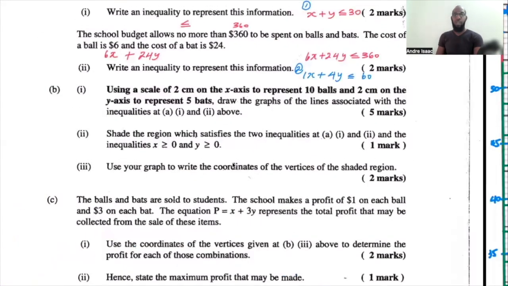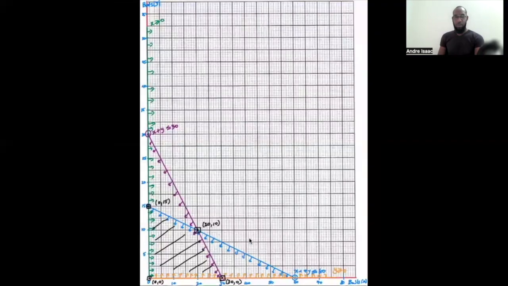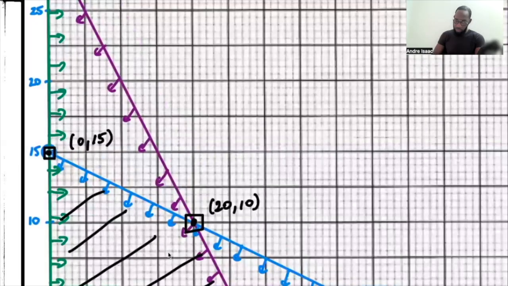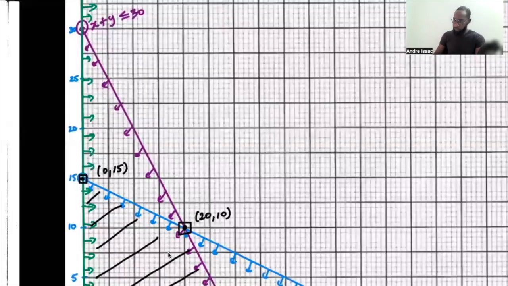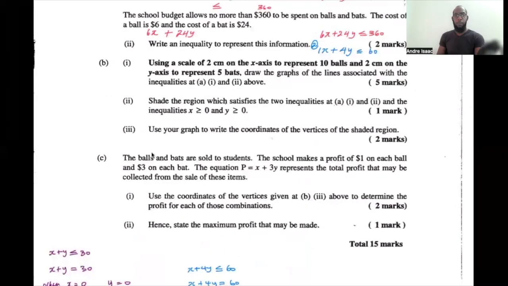Use your graph to write the coordinates of the vertices. So that's what we did just now. 2 marks with us. The coordinates of the vertices there, by the shaded. All right, I'm going to put a little extra line up here. Nice.